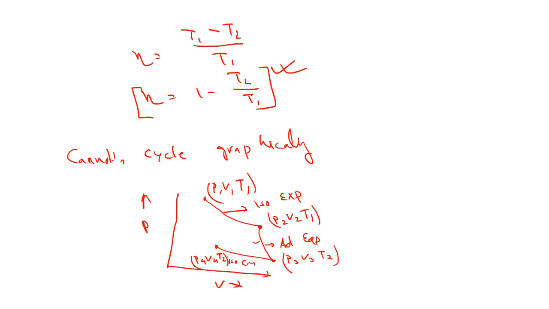And the final process is this one. This is adiabatic compression. So again the process is very sharp. You can see this is a very sharp process. Due to the very sharp process, its temperature rises from T2 to T1. So I can write T1 greater than T2.